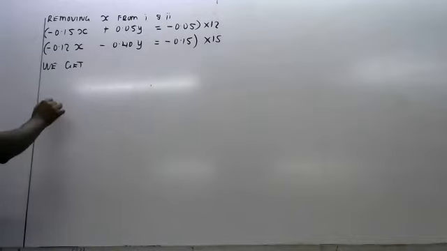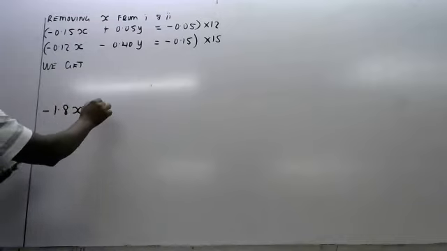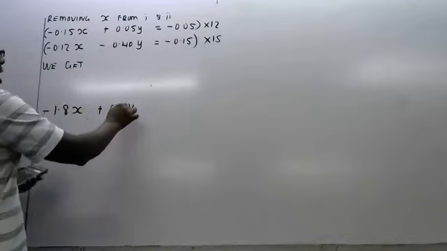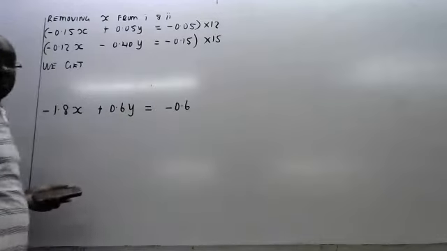So negative 1.8x plus 0.6y equals minus 0.6.